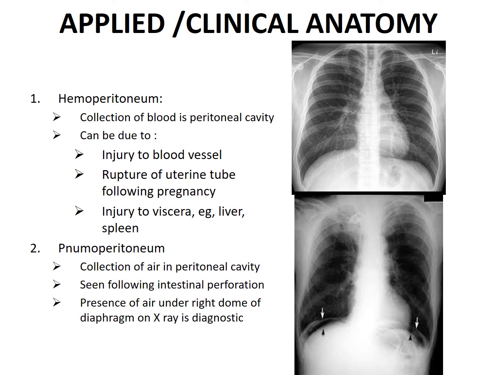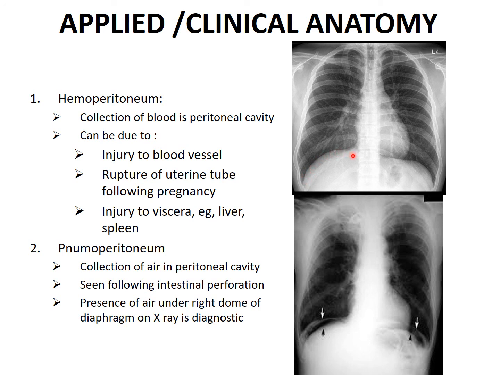Then if there is collection of air within the peritoneal cavity, that is known as pneumoperitoneum, and this is generally seen following intestine perforation, and it can be diagnosed easily with the help of a plain X-ray chest, where we can see presence of air under the dome of the diaphragm. This dark color area is showing the air, and this white color area is the dome of the diaphragm.